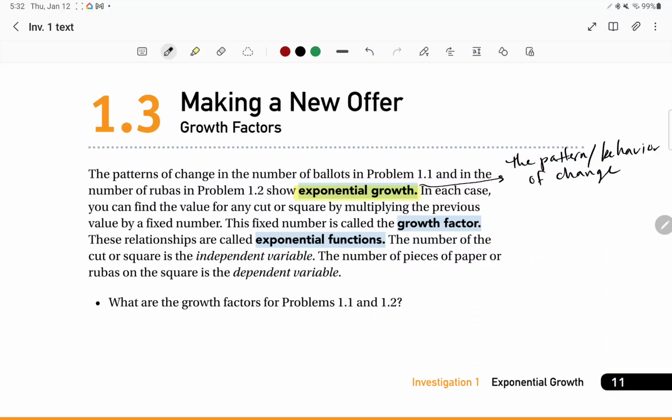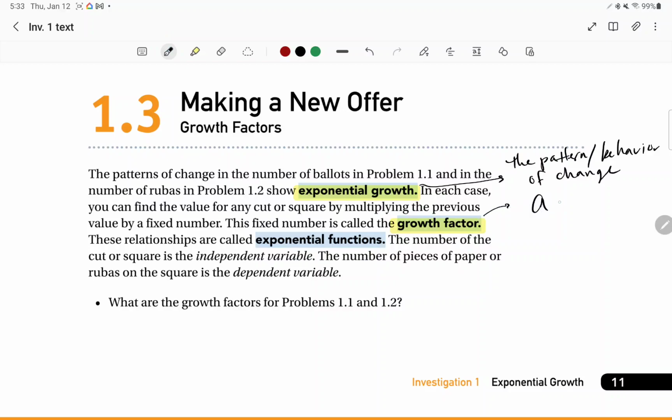And then each pattern or behavior of change grows or shrinks at a specific rate. Right? In this case, we're talking about growth, and so we call that the growth factor. That's the constant at which it changes. Now, the growth factor is also in our equation that we've been using.